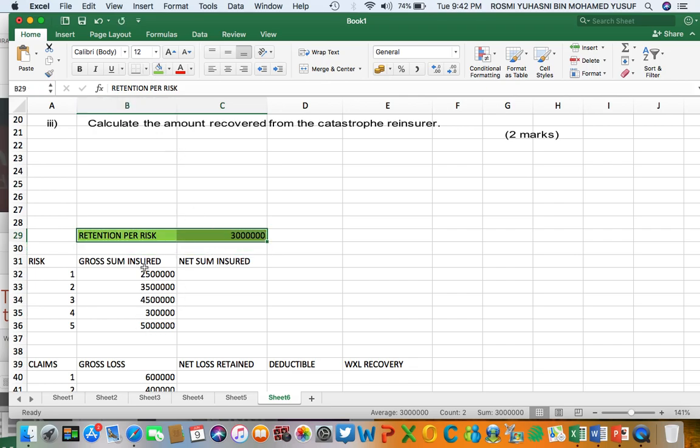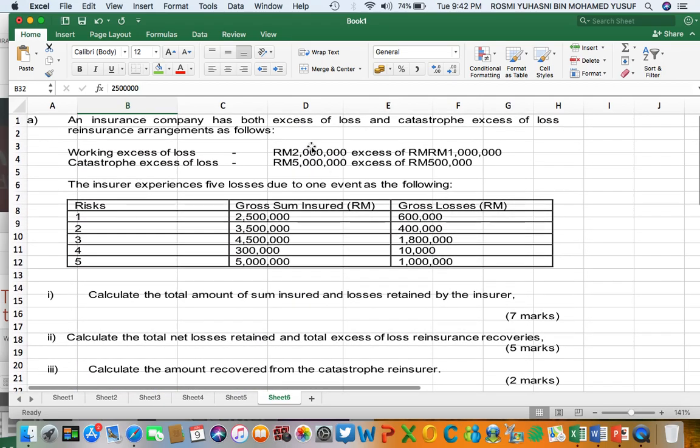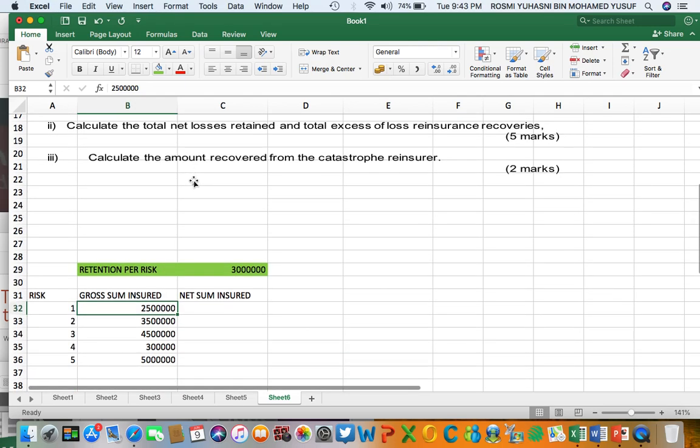If the question gives you gross sum insured, meaning that you have to convert it to net, because insurer will only retain, for this question, up to 3 million. How do you get this 3 million? It is actually the total of cover and deductible for working excess.